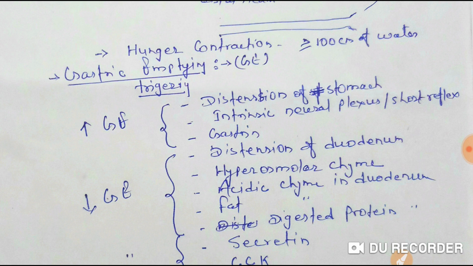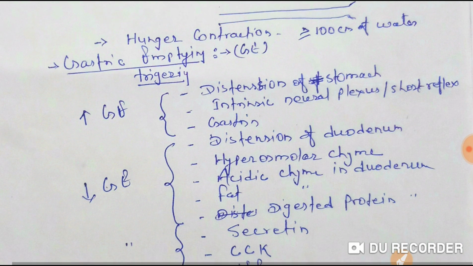This is called the propulsive movement, peristaltic movement, and it favors gastric emptying by first distension of the stomach, then the intrinsic neural plexus, that means short reflex, then gastrin.